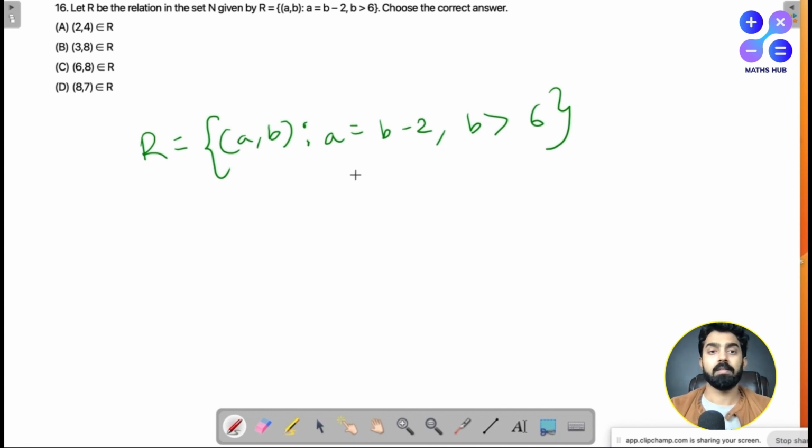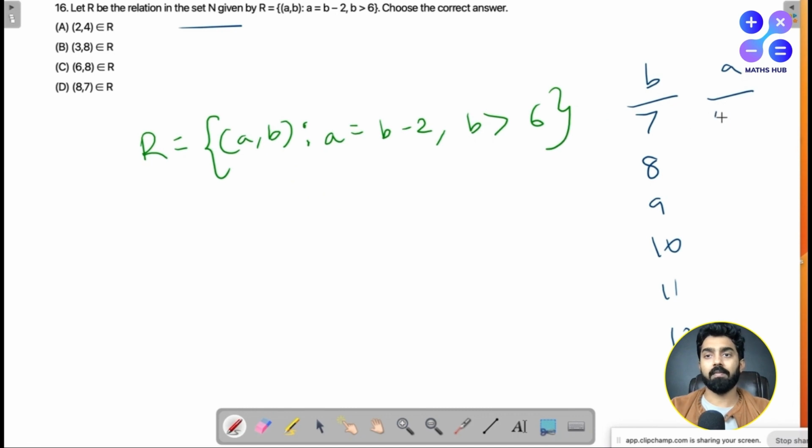Okay. So the relation is such that a = b - 2 and b is greater than 6. Great. And they have not told anything else about it. It's a set of N, right? So if a = b - 2 and b is greater than 6, then let's take b as 7, 8, 9, 10, 11, and 12. If b is 7, a would be 5, right?